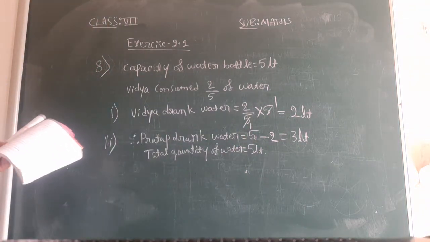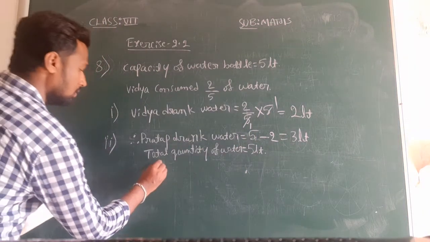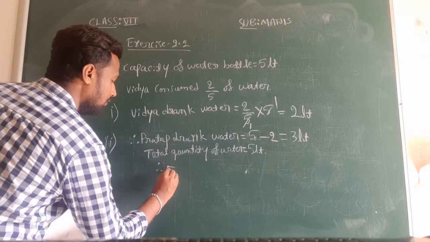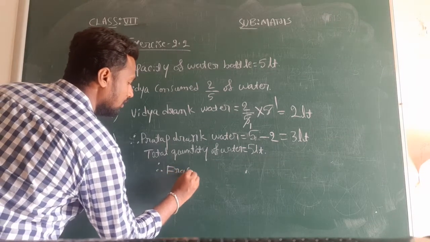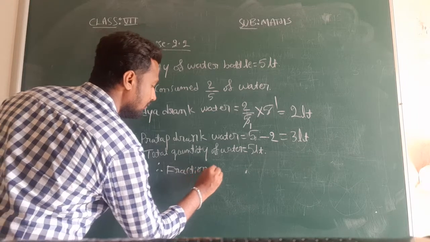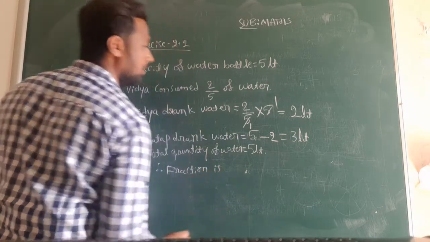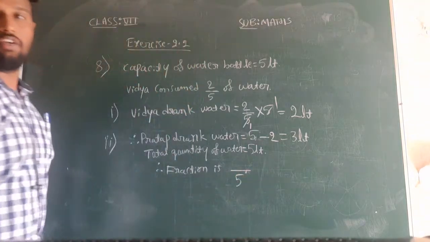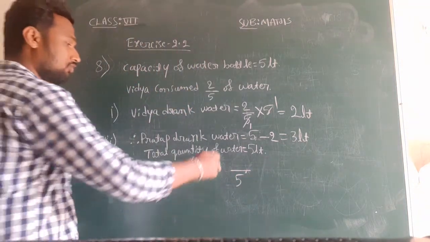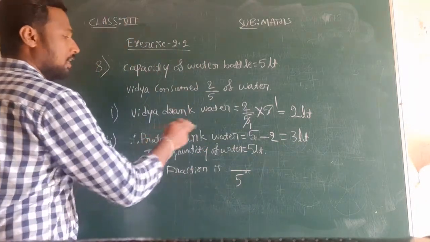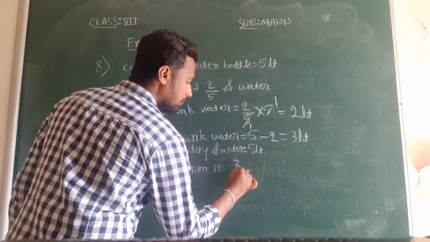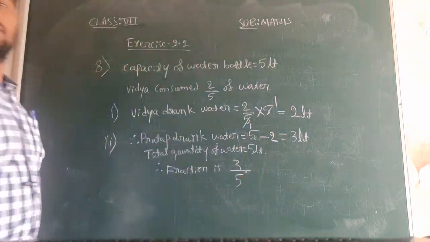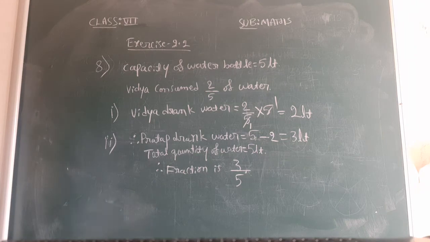Therefore we have to write a fraction here. Therefore the fraction is, total 5 liters of water, I will write 5 in the denominator. In this 5 liters, how much did Pratap drink? 3 liters. So the fraction is 3 divided by 5.